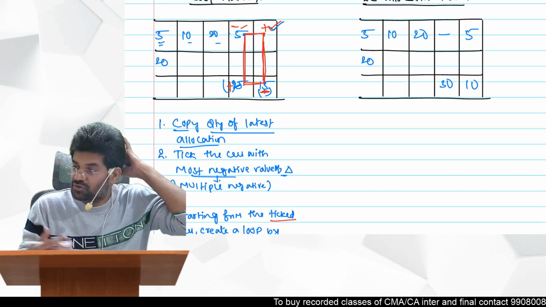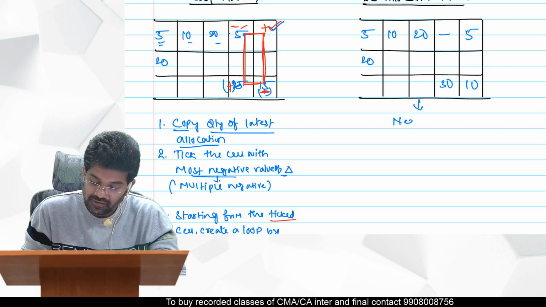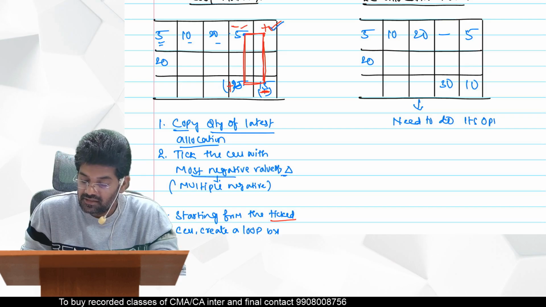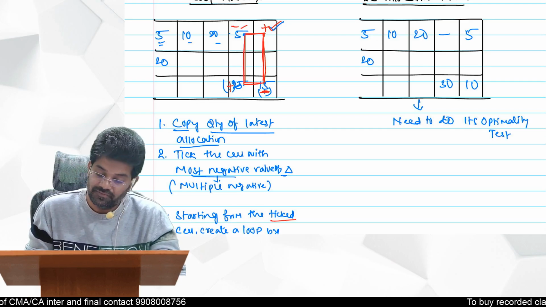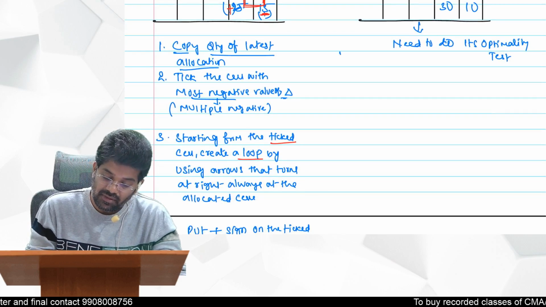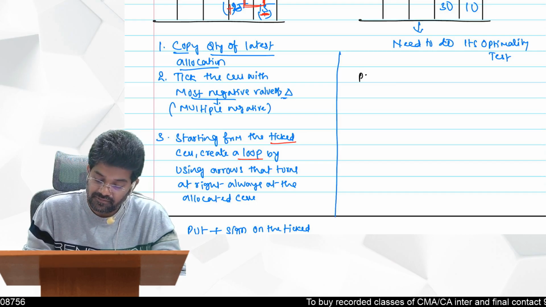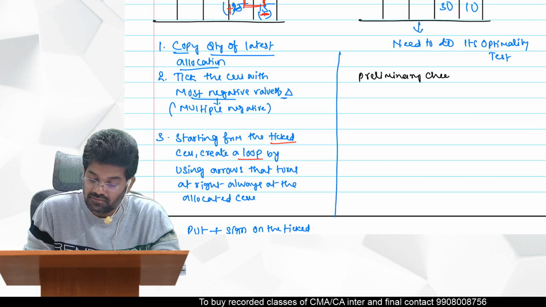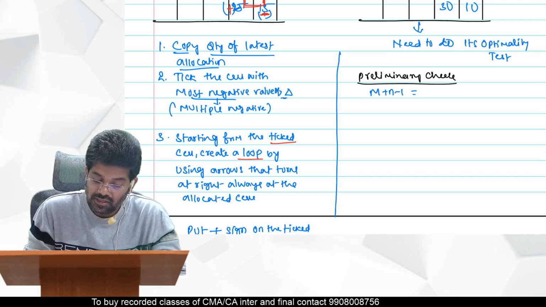Now for this we need to do the optimality test again. We have to prepare the U plus V matrix, then the change matrix. What is the preliminary check again? We will get satisfied, no problem. M plus N minus 1 is equal to 7.